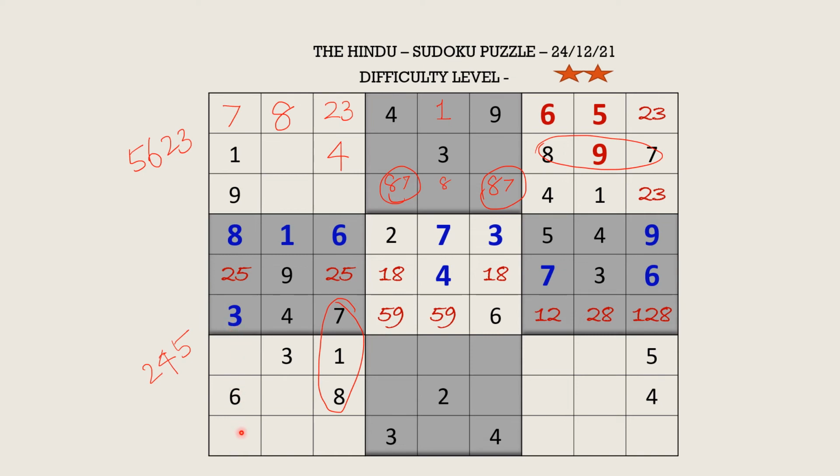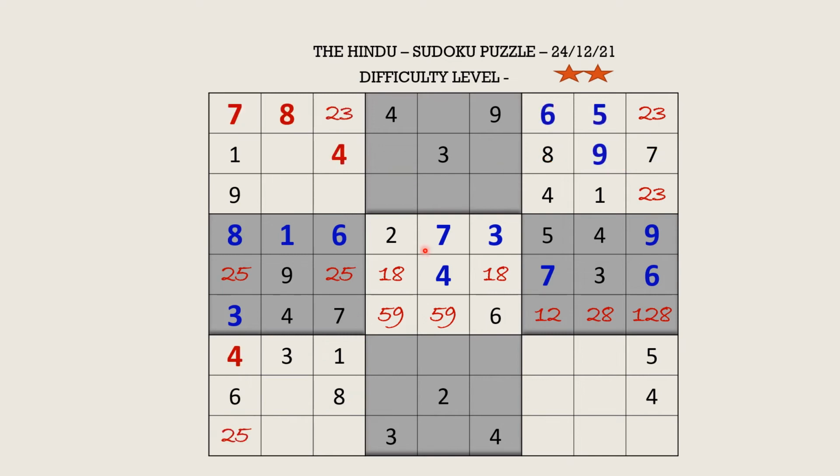Now this cell is blocked by 4 here. So this takes 4. And this empty cell will take 2, 5. So this again becomes a 2, 5 pair. There is a 3 blocking from here, and there is a 3 here. So this cell takes 3.